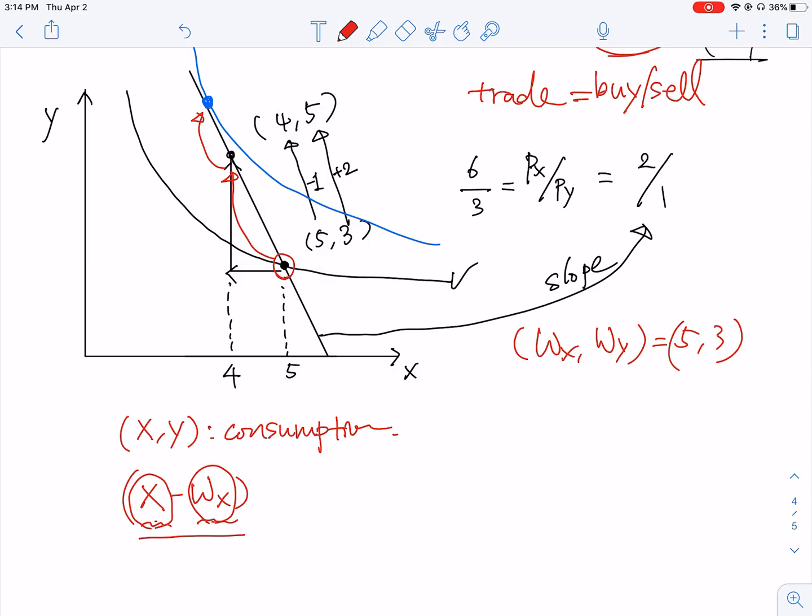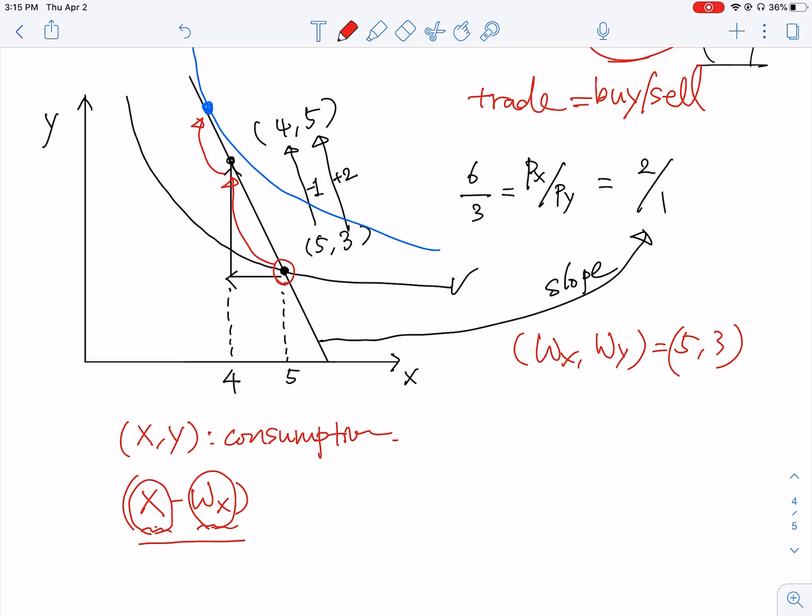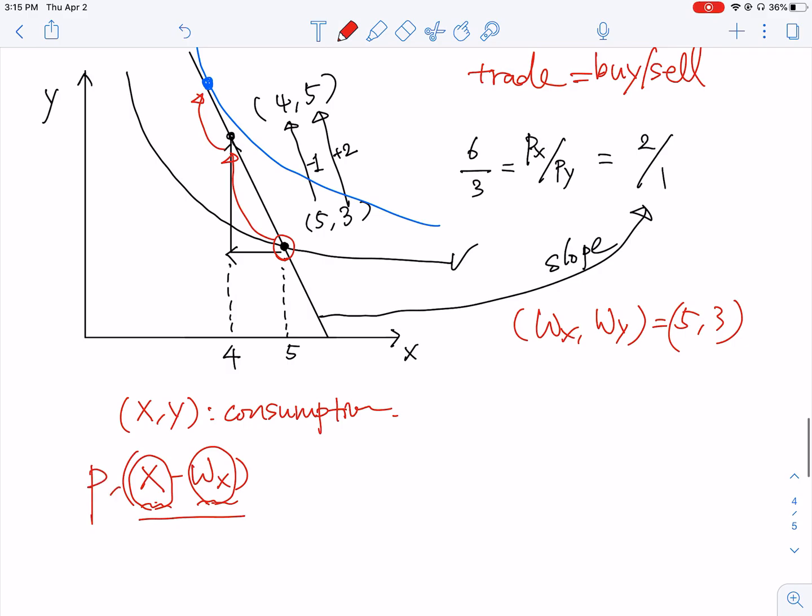So what's the expenditure on this additional purchase of X? This is going to be the expenditure on X. And where does the money come from? You have to get it from selling Y. And if you sell Y, then your final consumption of Y will be smaller than how much you had in the first place.